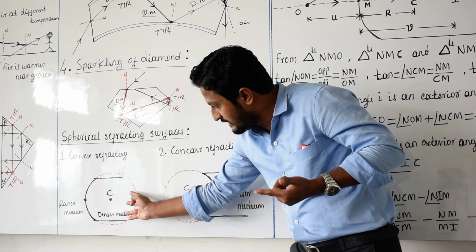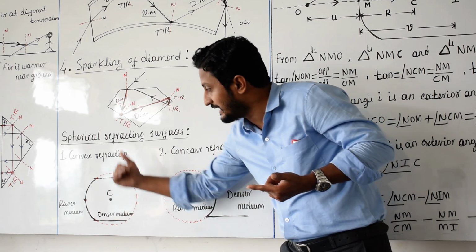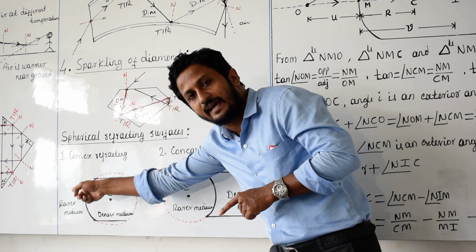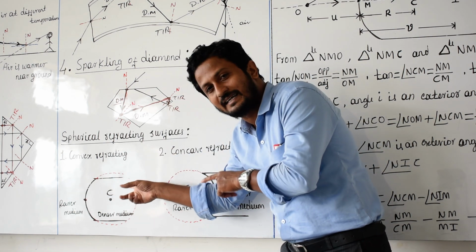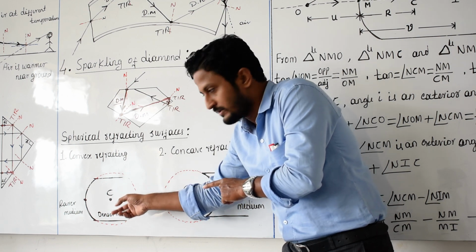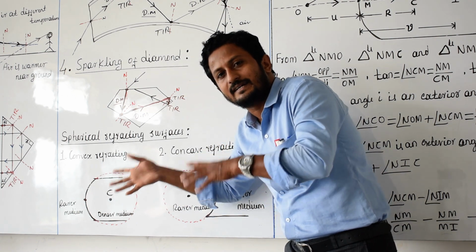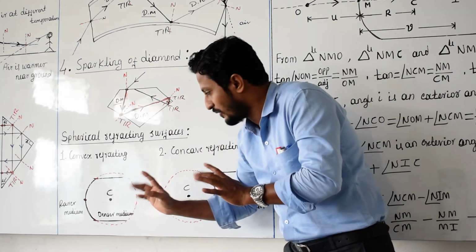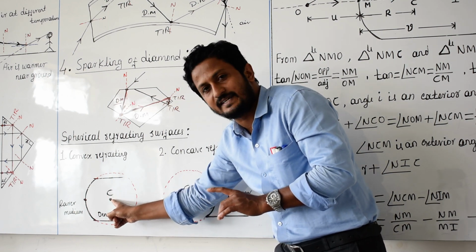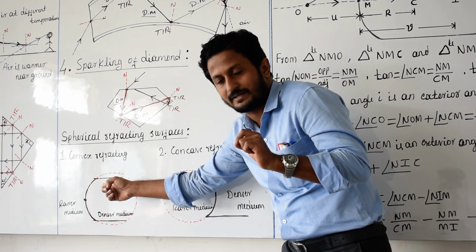Here, on this side is that transparent sphere, and on that side there is an air medium. So that is air, and this one is glass, a transparent glass. So air is rarer and glass is denser. Now, rarer medium, denser medium. Here C is the center point of that imaginary sphere.